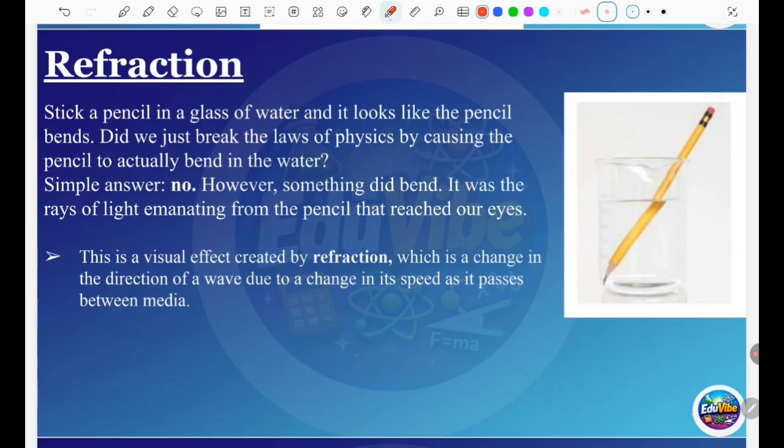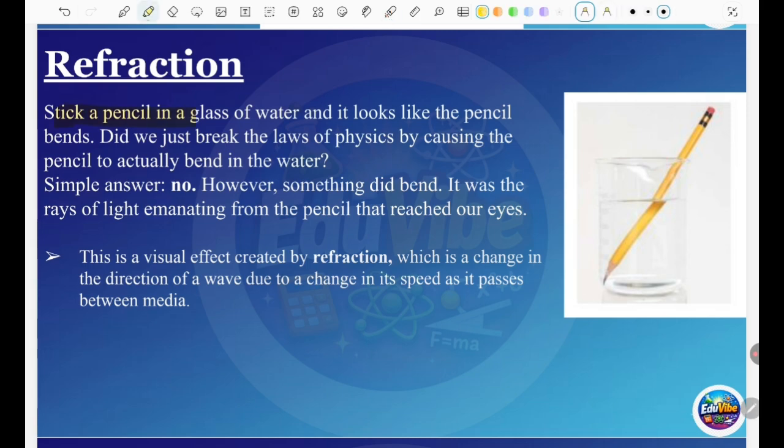This is because of the change of medium. Here we have an air medium, but when the pencil is put in water, the water acts as a second medium. So there are two mediums. When we're talking about two mediums, we're talking about refraction.